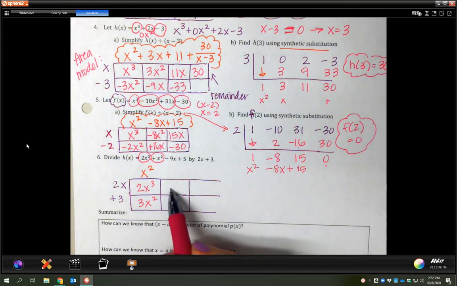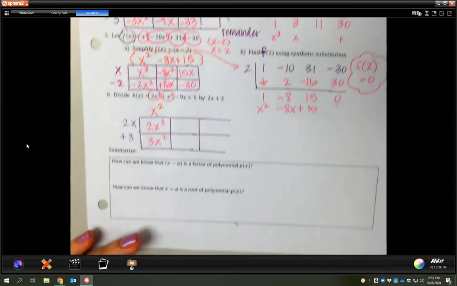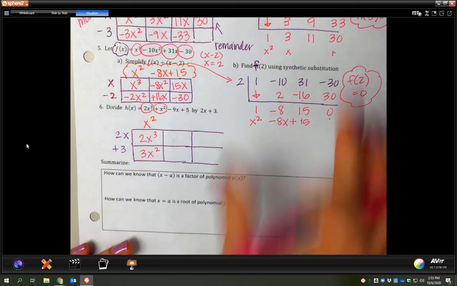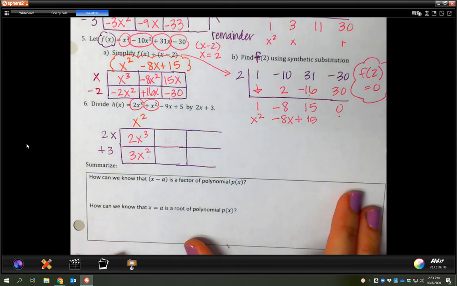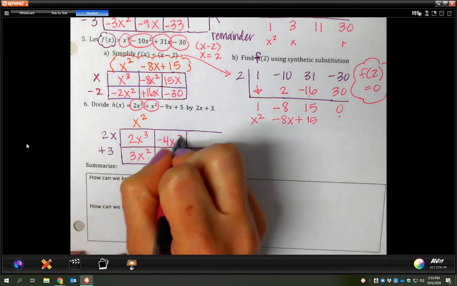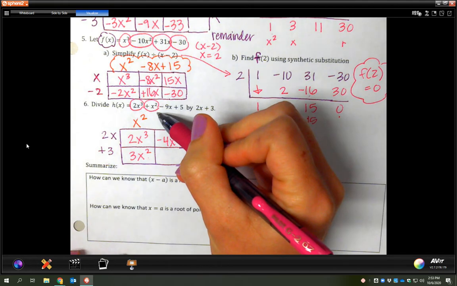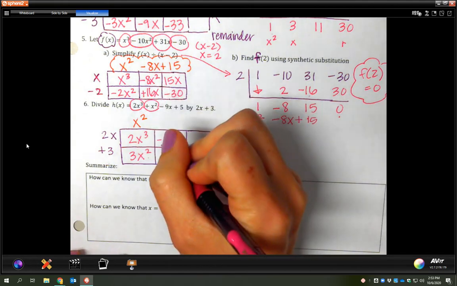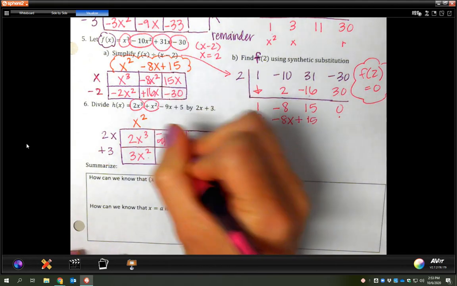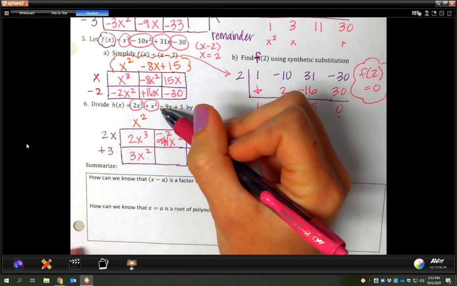So I want these two boxes to combine and add up to x squared. Right now I have 3x squared. So I would need to put a negative 4x squared there so that these two combine to get a positive 1x squared. That's not right. I want positive, so I need a negative 2x squared, so that these two combine to get a positive x squared.